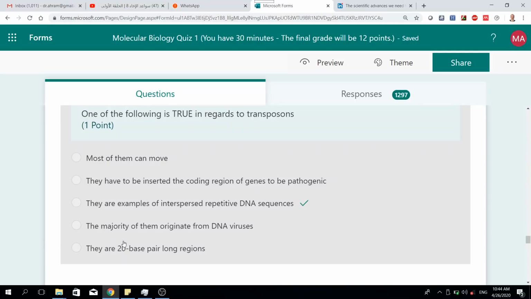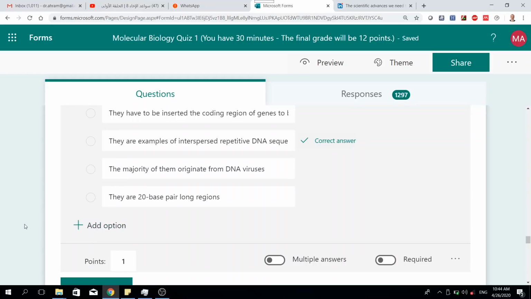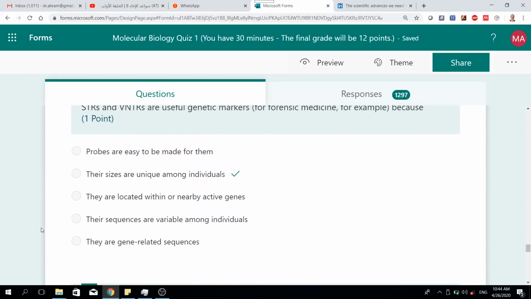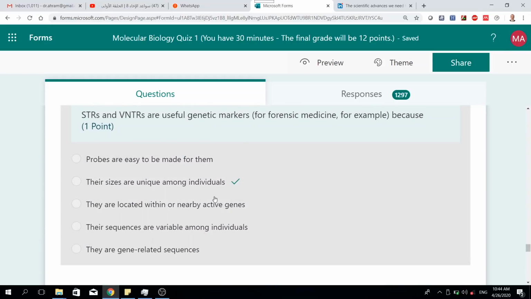So no, they're not 20 base pair long regions. STRs and VNTRs are used for genetic markers. Why? Because their sizes are unique among individuals. That's right, the number of repeats would be different among individuals.